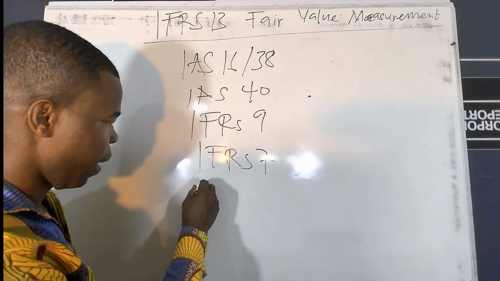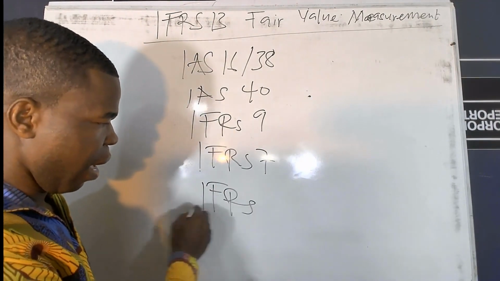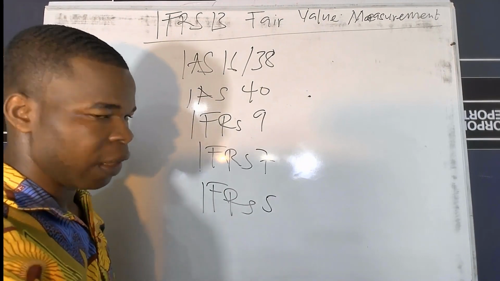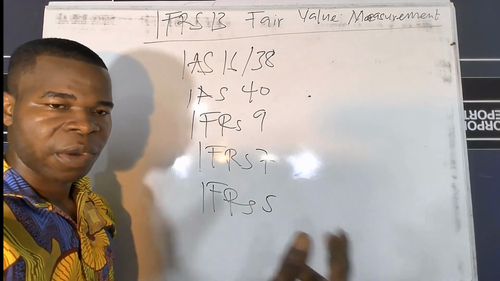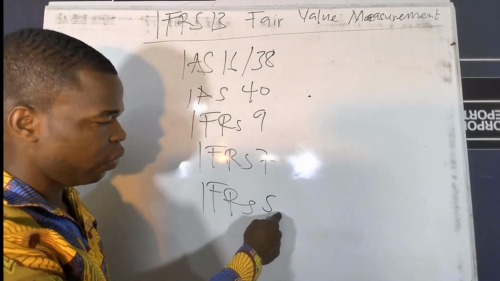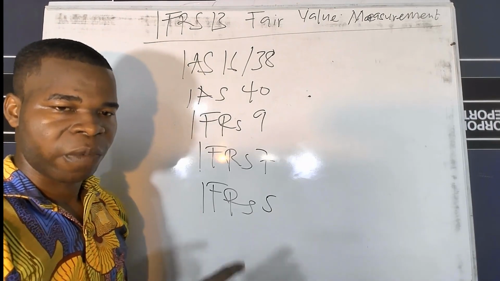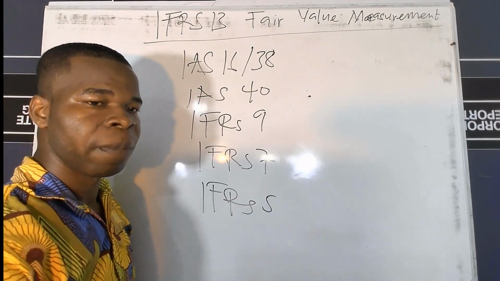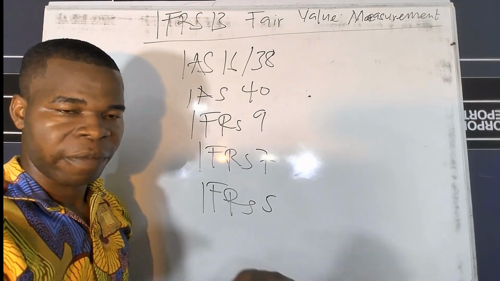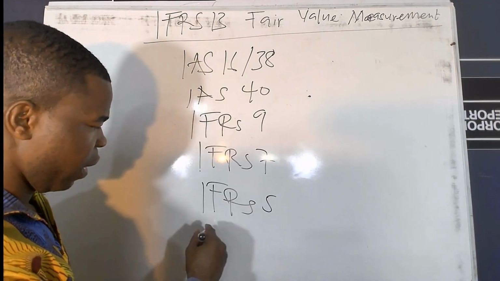Again, if you take IFRS 5, that is non-current assets held for sale, we will use fair value to measure, whether we are using a carrying amount or fair value less cost to sell.